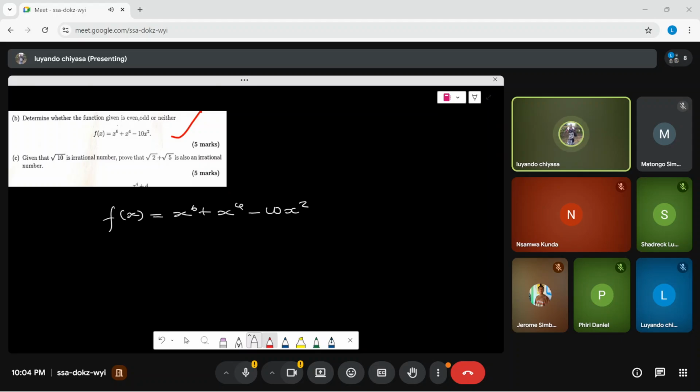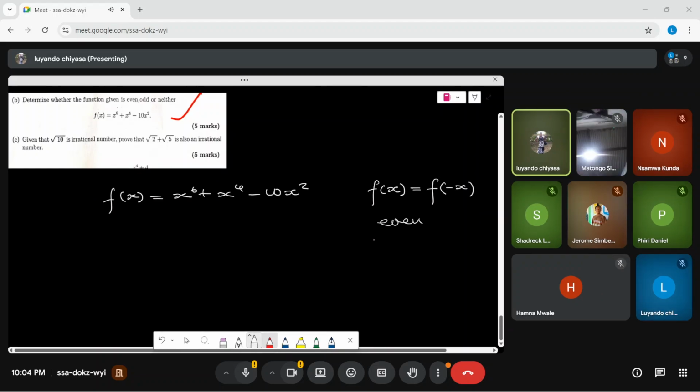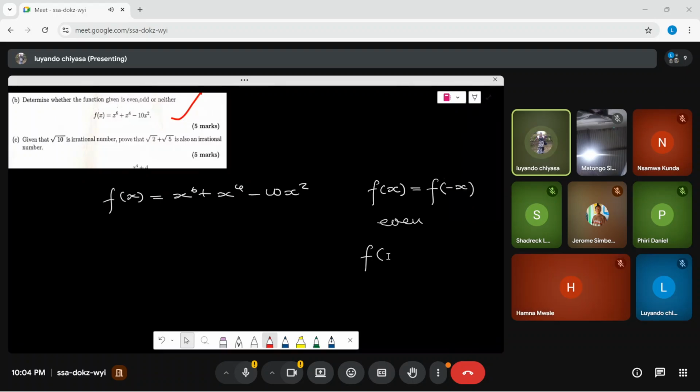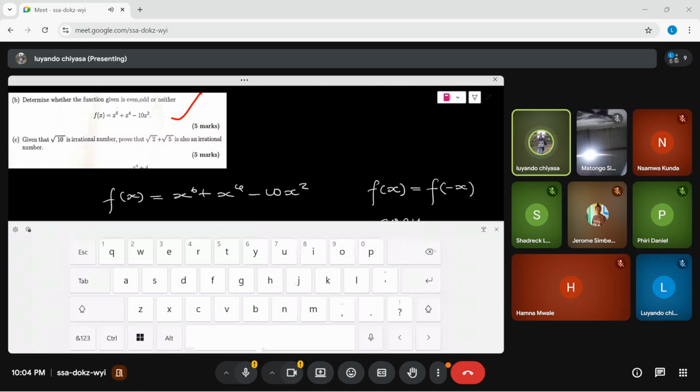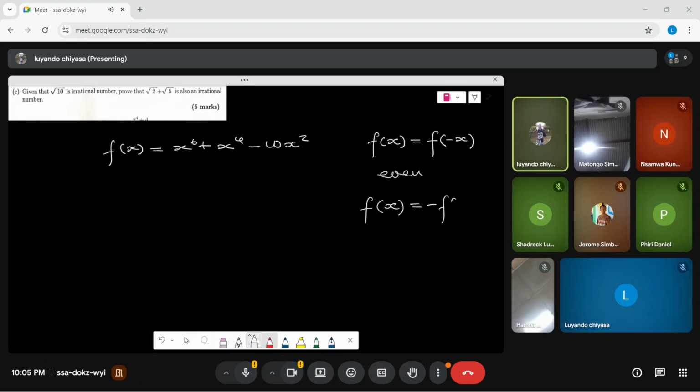I think everyone here knows that if f of x is equal to f of negative x, then this function is even, right? And if f of x is equal to negative f of negative x, then this function is odd.